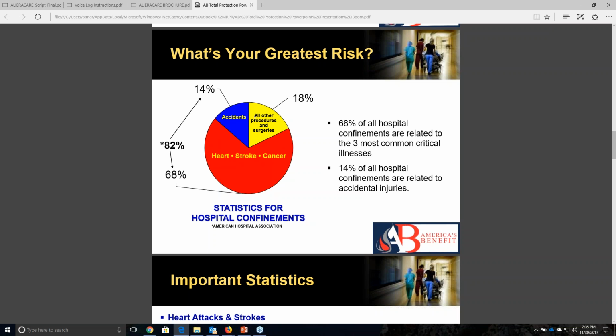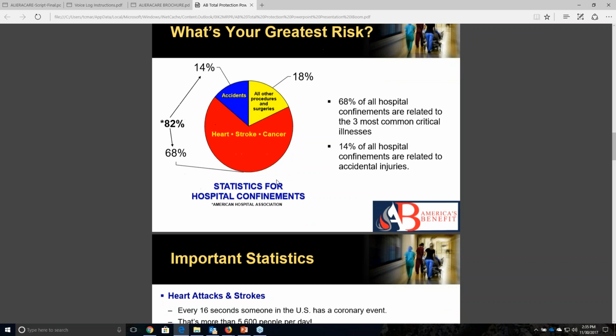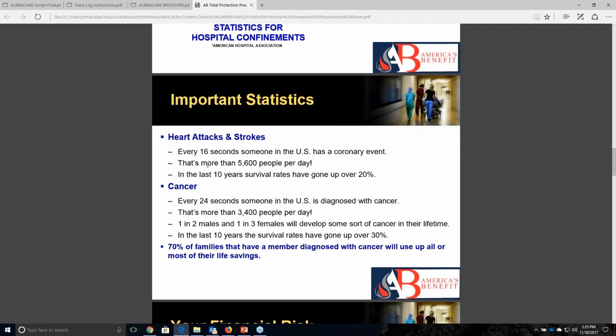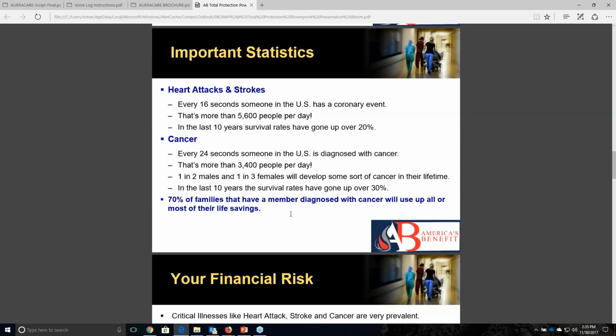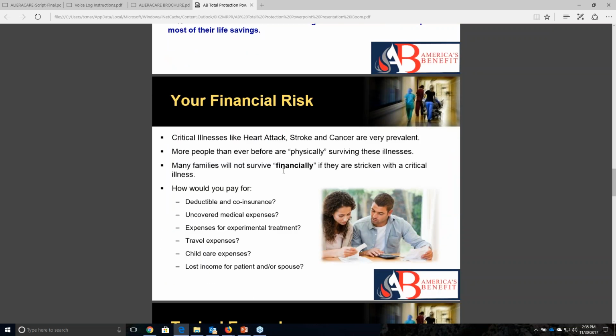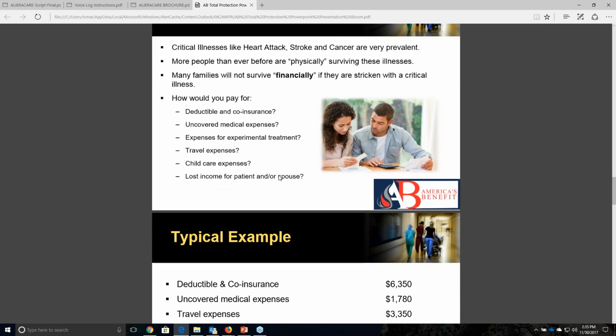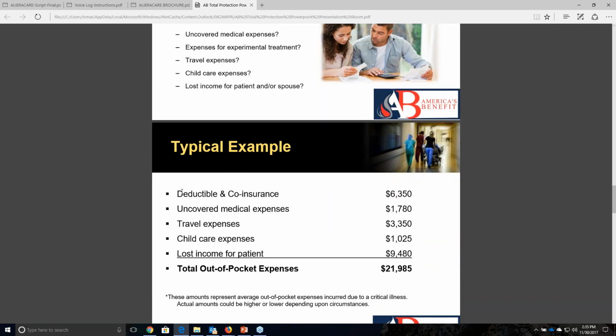So why do we always add the accident and always add the CI to every plan? You think about it, people having heart attacks or cancers, the financial risk of being unable to work and take care of expenses.